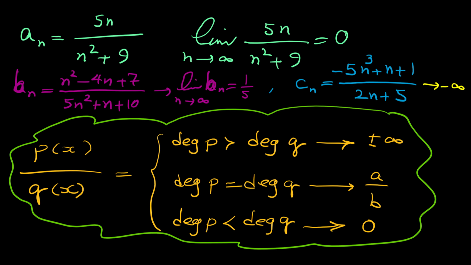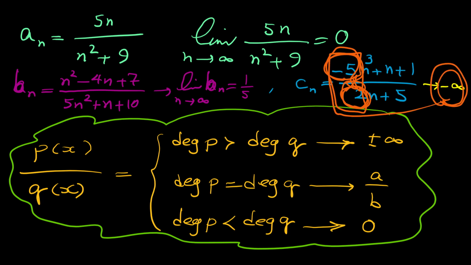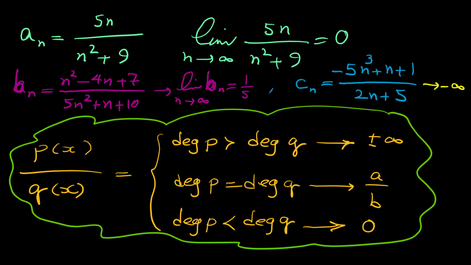So depending on the sign of this number and the sign of the leading coefficient, depending on these two, we can figure out if it is infinity or negative infinity. So this is the fourth method for finding limit of a sequence when it is like a rational expression.